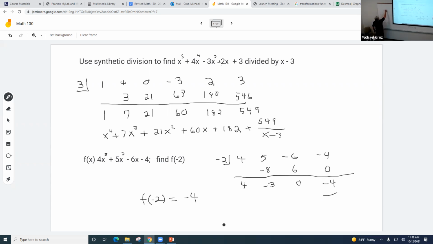If x is equal to -2, which is what this is saying, then that means the factor is x plus 2 is equal to 0. That's what that's telling us.